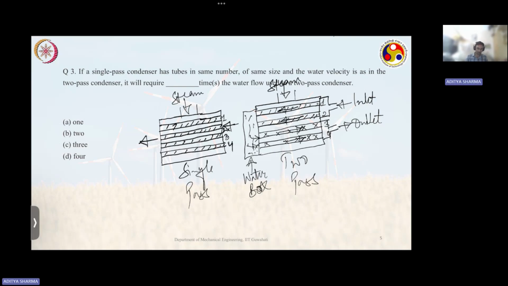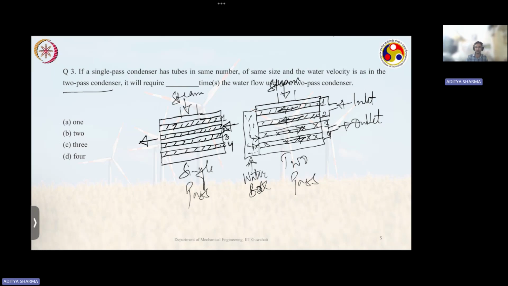Then if you see the question, now if you compare the single pass and two pass condenser, in comparison to two pass, what will be the amount of water flow? Whether it will be one time or two times, three times or four times.